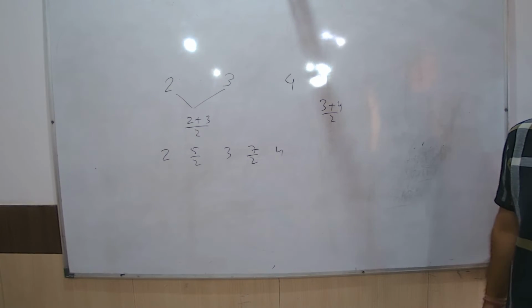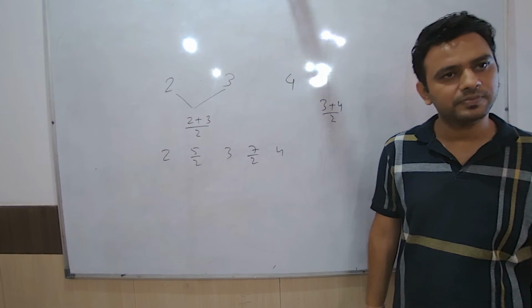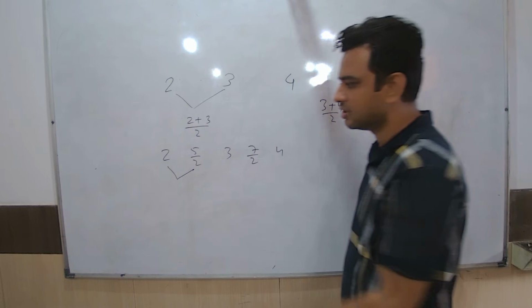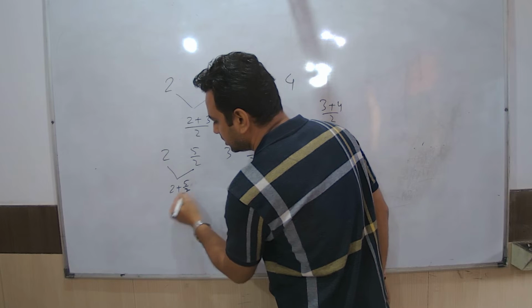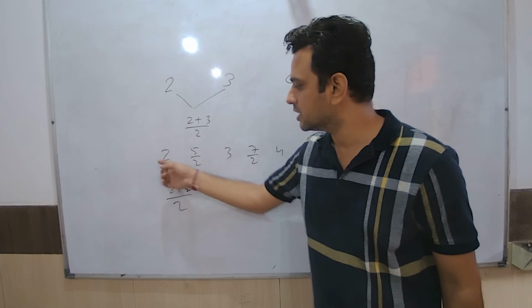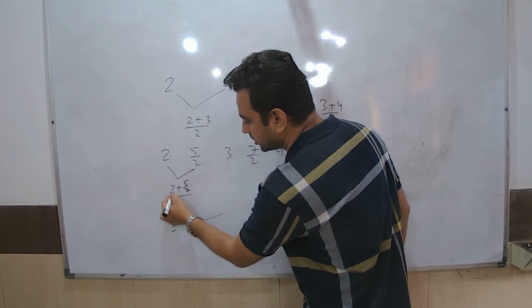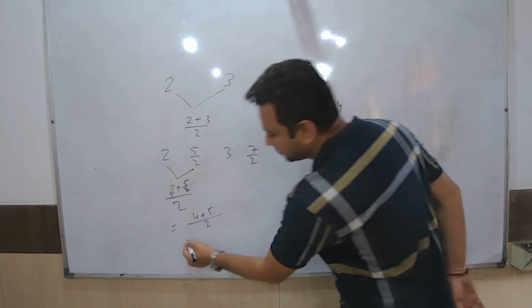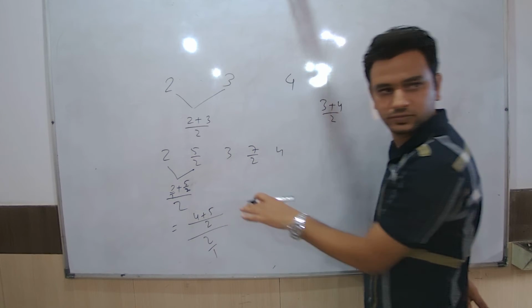Okay, clear? So how many numbers have I inserted between 2 and 4? 3. I want 5. So I can take the mean of these. Okay. So I'll add 2 plus 5 by 2 and divide by 2 also. ठीक है, एवरेज लिया ना, यहाँ पे डिवाइड बाय 2 किया था ना, तो ये देखो नंबर्स के बीच में ऐड किया एंड डिवाइड बाय 2. ठीक है, यहाँ पे एलसीएम ले लें, क्या आएगा? यहाँ पे एलसीएम ले रहा हूँ मैं 2, so 4 plus 5. ओके, और डिवाइड बाय 2 ऑलरेडी थे. ठीक है, 2 by 1 ये क्या हुआ? रिवर्स हो जाएगा.